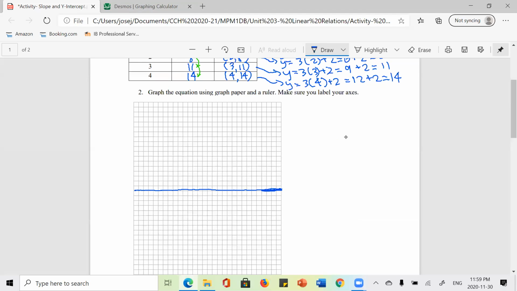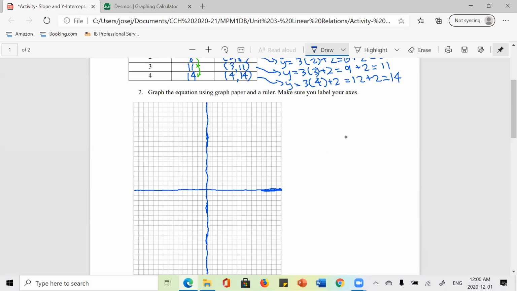Just pretend, use your eyes there. And then we have 4 and 14. This is not going to be perfectly straight, but I'm going to try my best. This is a test of how steady your hand is. Mine is not for some reason. All right, but I tried my best there. Obviously, if you have a ruler, even better. I'm just doing a freehand here, so it's not going to be perfect.